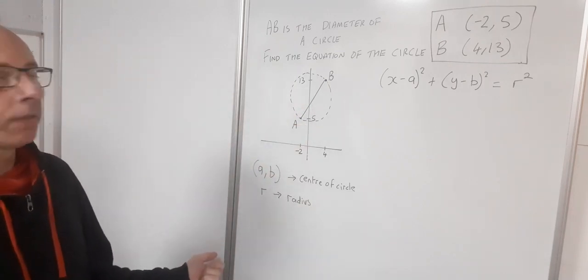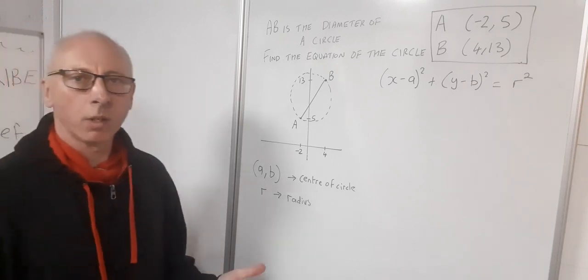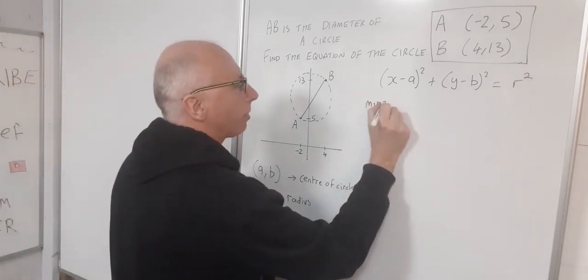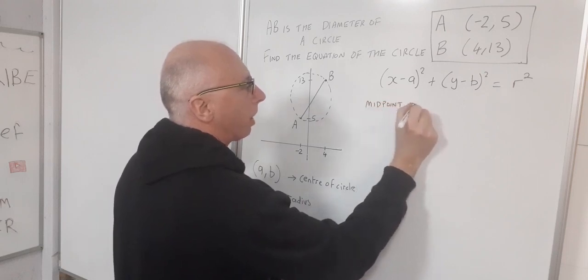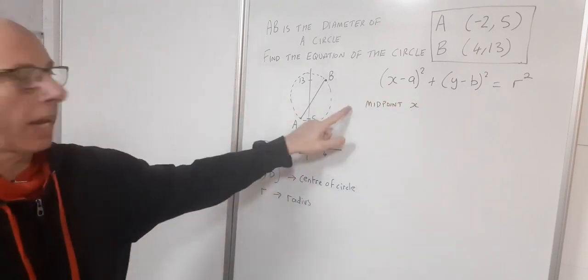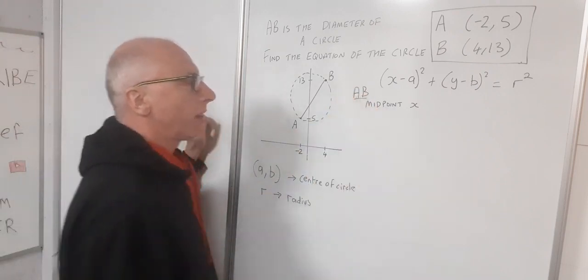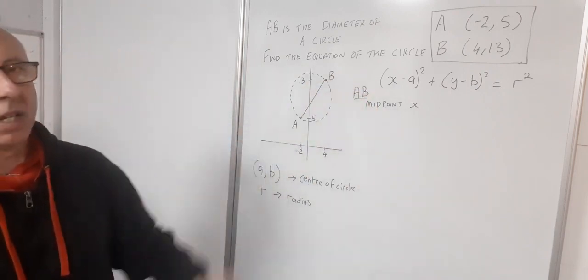So the centre point of a line, we know what our equation for that is. So let's just set that up. So midpoint of x on AB. So we're talking about AB here. That's all we're interested in at the moment. The circle, we're going to come into that in a moment.